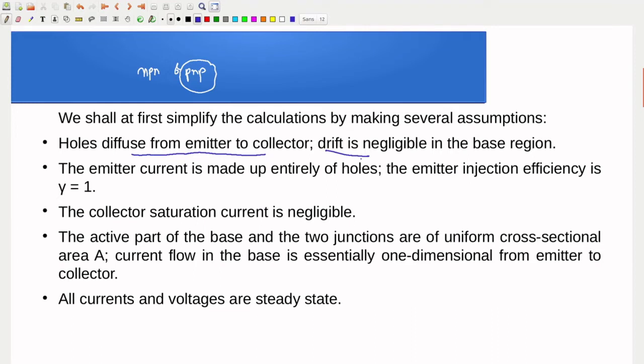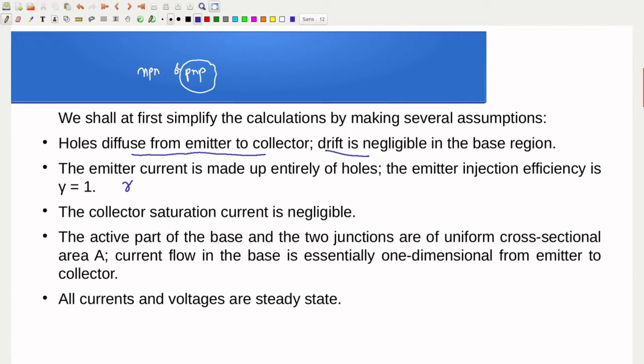The second assumption is that the emitter current is made up entirely of holes. As you all know, in the PNP, the emitter is P-type, base is N-type and collector is P-type. So the emitter current is made up of holes, which are the majority carriers in the P-type semiconductor. And because of that, the emitter injection efficiency gamma is equal to 1.